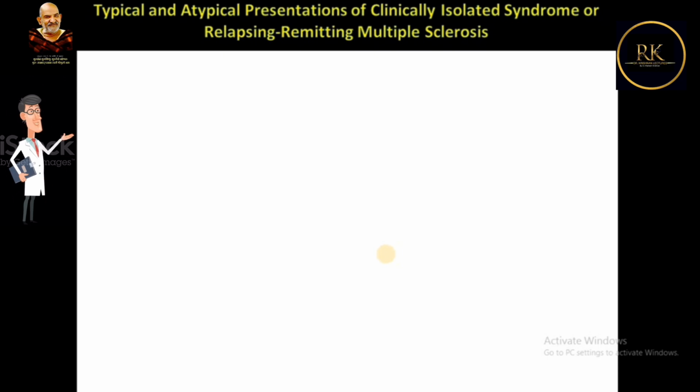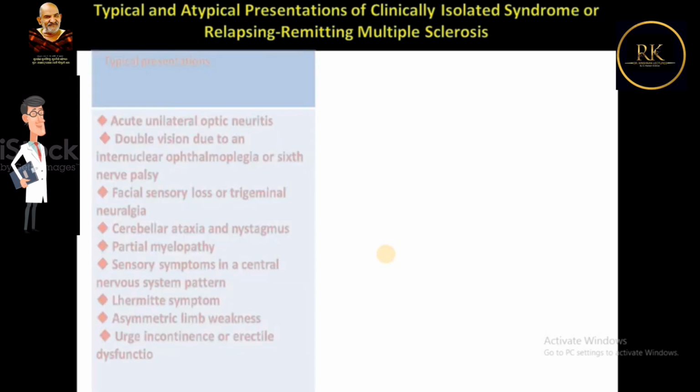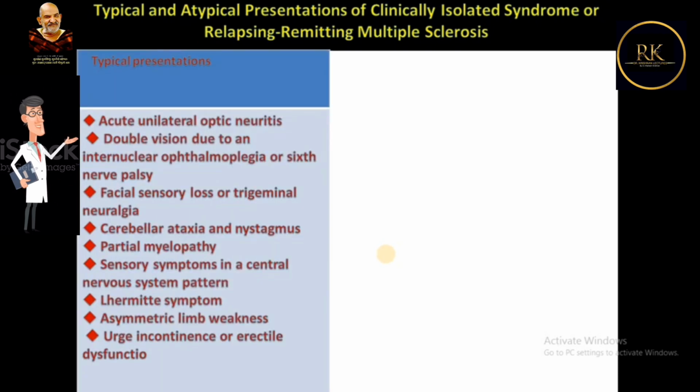Typical presentations include acute unilateral optic neuritis, double vision due to internuclear ophthalmoplegia or sixth nerve palsy, facial sensory loss or trigeminal neuralgia, cerebellar ataxia or nystagmus, partial myelopathy, sensory symptoms in a CNS pattern, Lhermitte symptoms, asymmetric limb weakness, urge incontinence or erectile dysfunction. These are the typical presentations in multiple sclerosis.